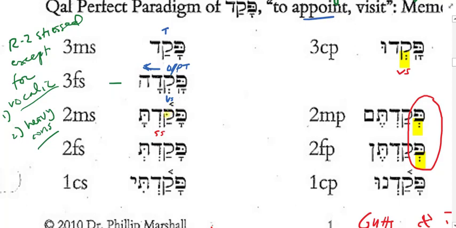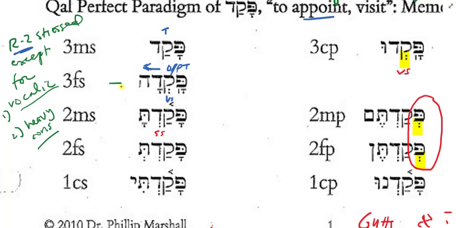So this is the deal with stress. We want to stress root 2 wherever we can, unless something makes the stress go back 1 syllable. Where will I see that happen? If I have vocalic endings, those vowels like to pull the stress to the end. You saw this with words like sus. Add a qamets he, and it's not susa, but susa, right? Susim, susot.